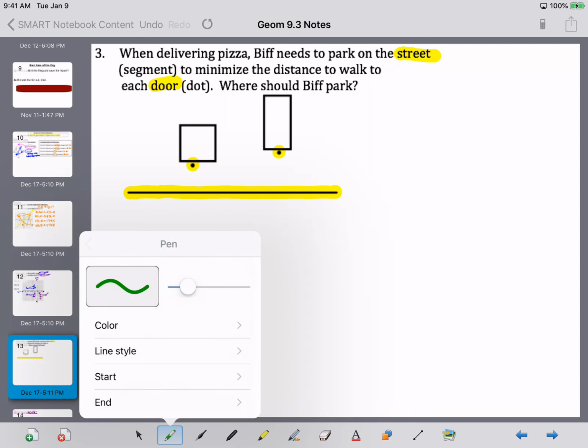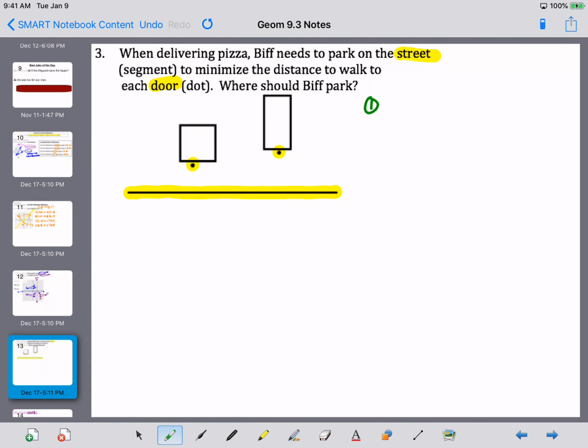It deals with reflection. So the first thing we're going to do, I'm just going to label this point A and this point B. So we're going to reflect point A, and you can pick either one of the 2 points. You could have just as easily started with point B over the line. So that's your first step. Let's go ahead and do that.